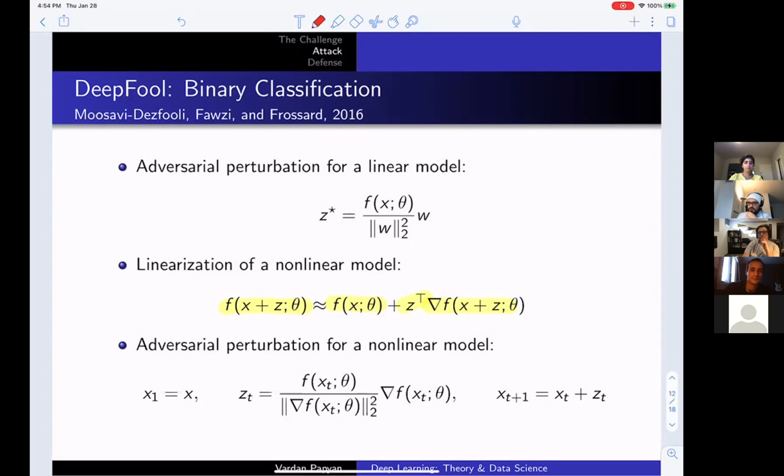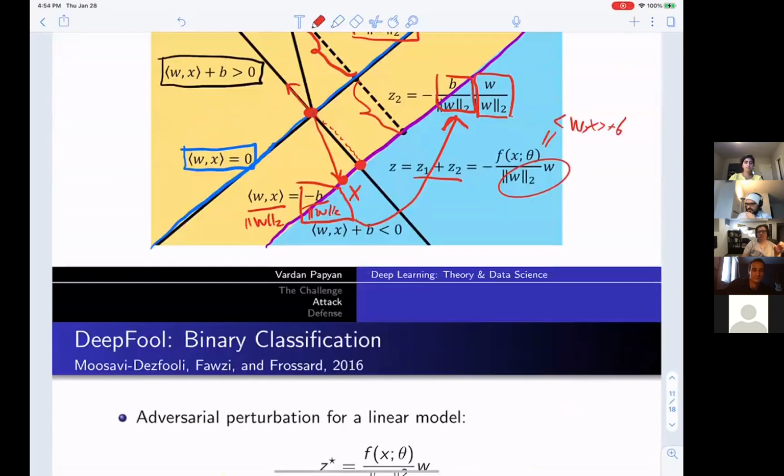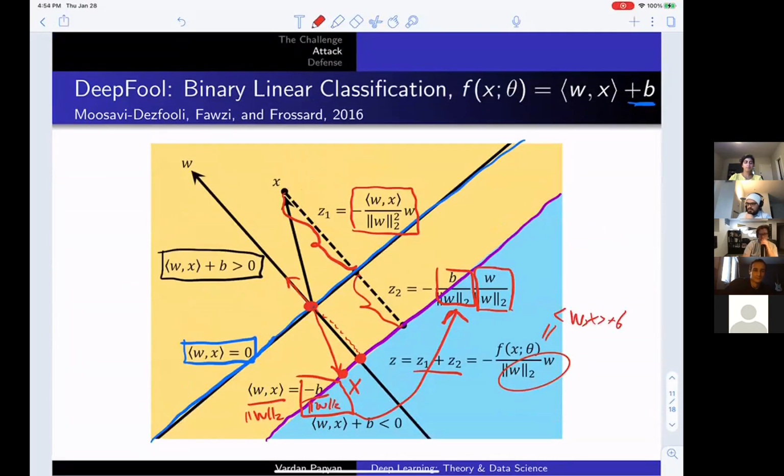It's an affine function. Now, in the previous slide, we said that the perturbation z is equal to minus f of x theta, which is just applying the network on the current point, and then multiplied by w divided by the norm of w. So in this specific case, what is w? W is just the derivative of f with respect to x.